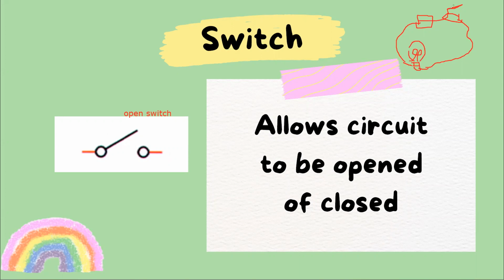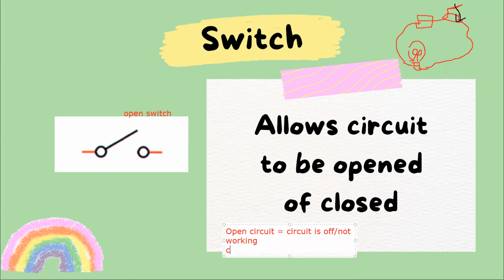Now, if the switch is up and it's not connected to the other part, the switch must go down. It must connect down. If it connects down, then it's called a closed circuit. However, if it's left up, it's an open circuit. So in summary, open circuit means the circuit is off or not working.